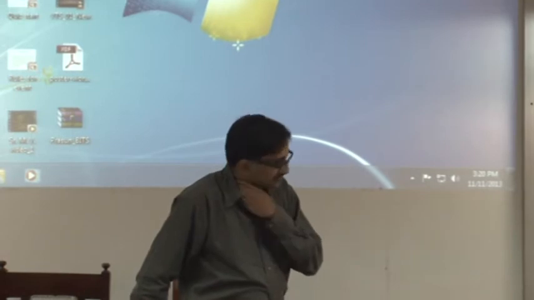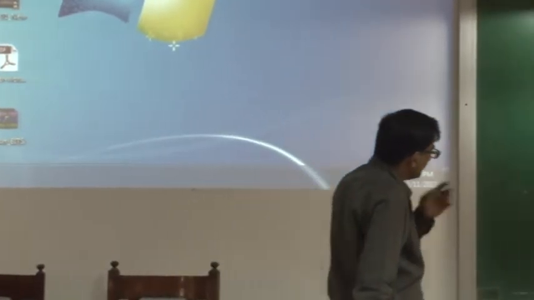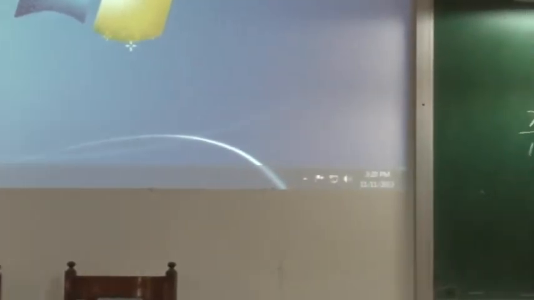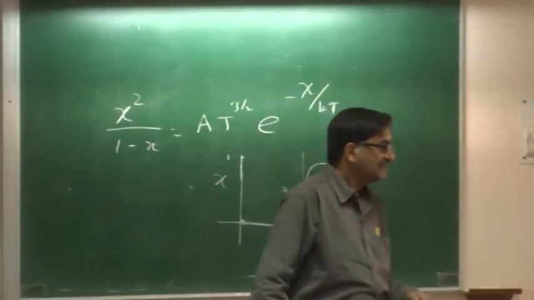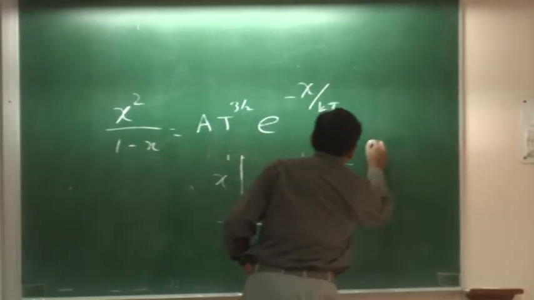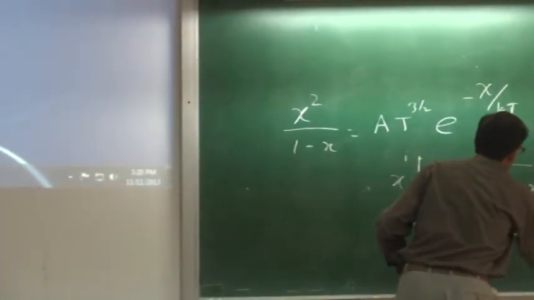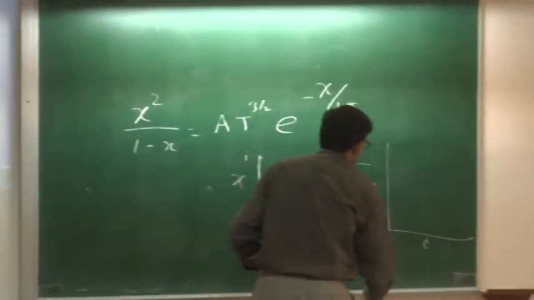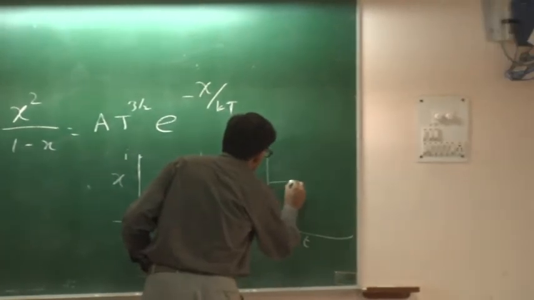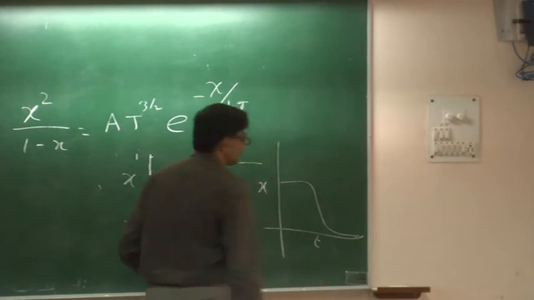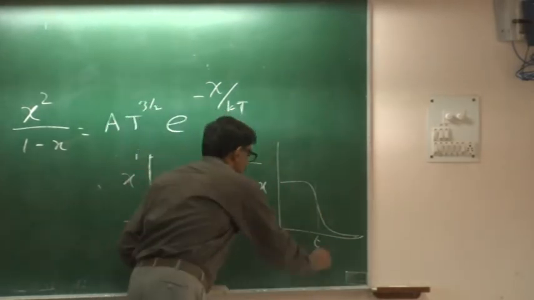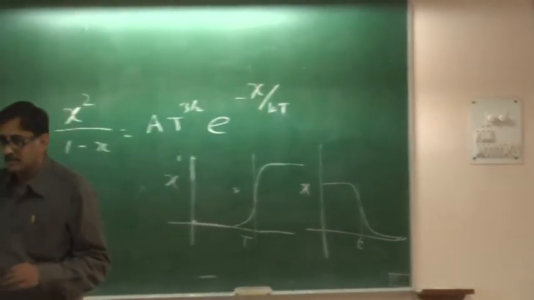Okay, and since I know that temperature goes as time to the power minus n, I can write a similar thing with respect to time and say that this is my degree of ionization, this is time, it is almost 100% ionization and sharply drops to some level. And this is the epoch of ionization. Okay?